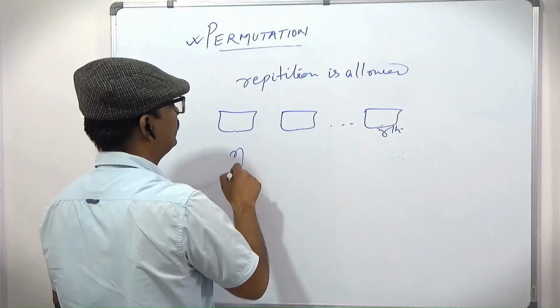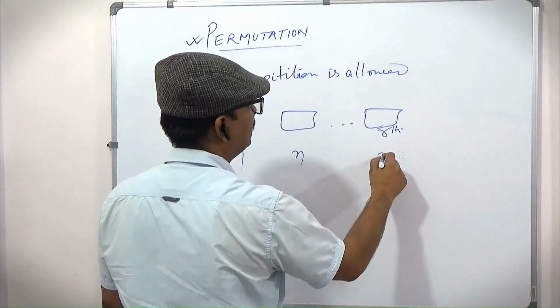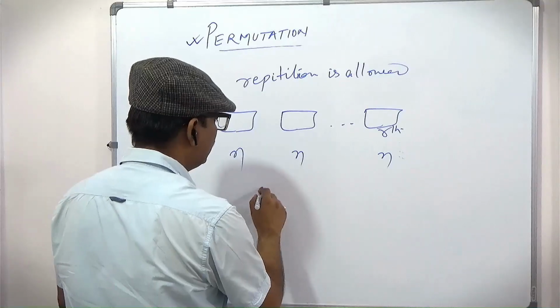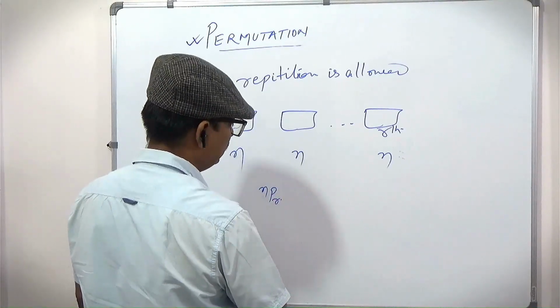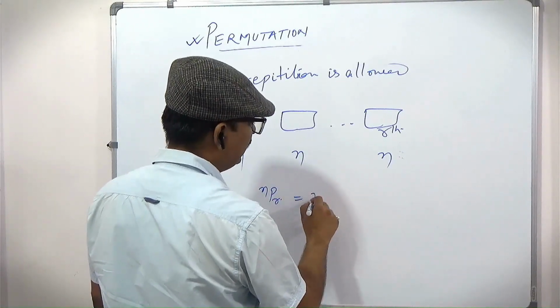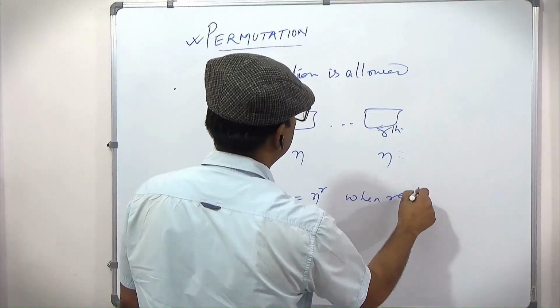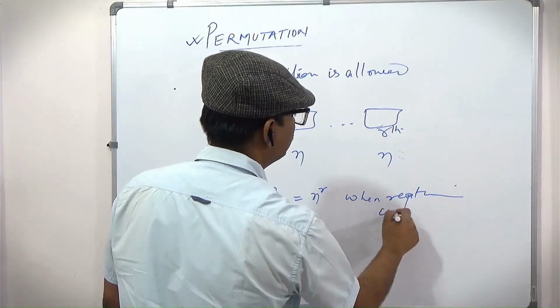Then we have n number of ways here, then n number of ways, and then n number of ways. So n into n into n, r times. So then our nPr will be equal to n to the power r when repetition is allowed.